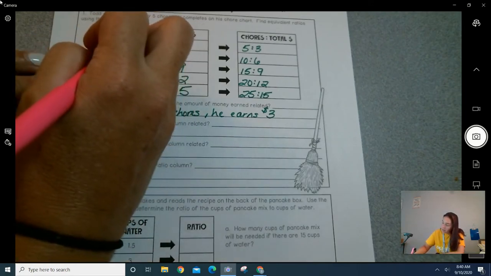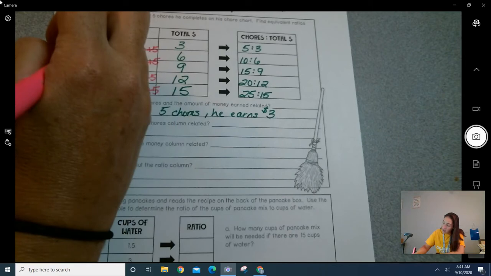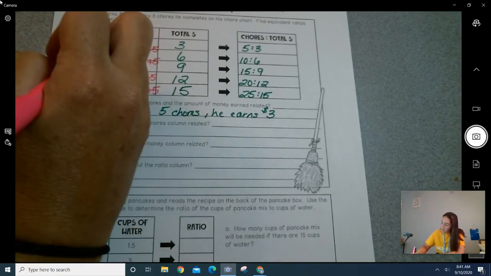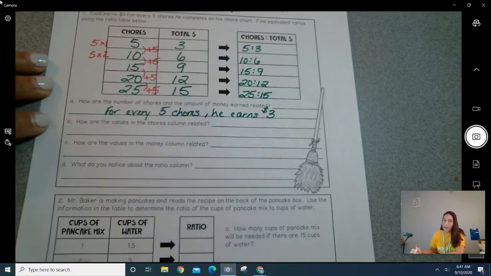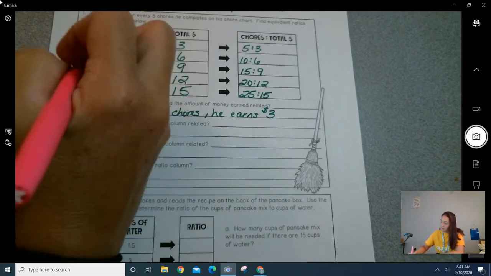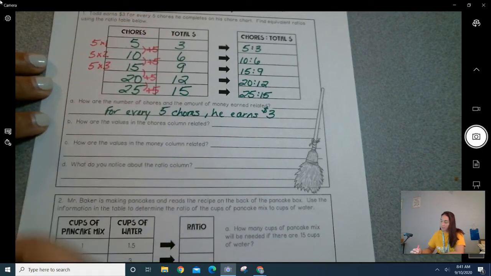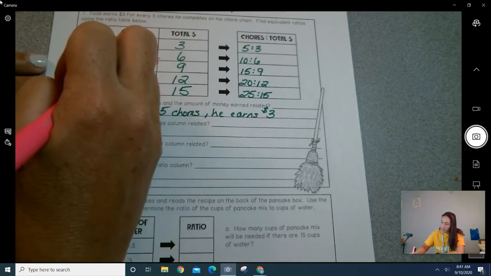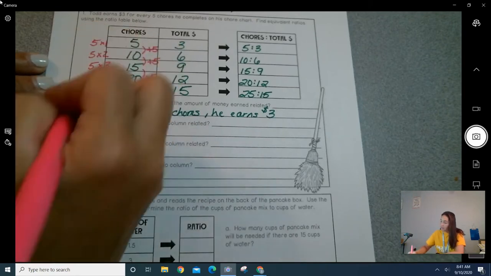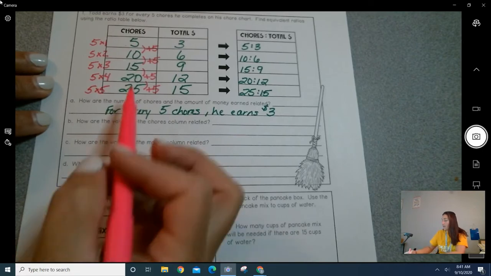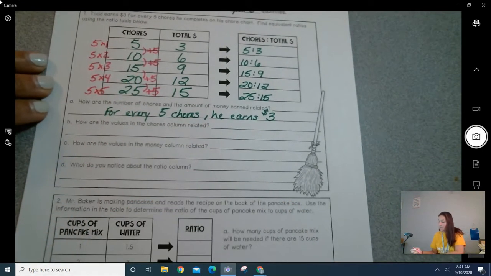Well, if you look at this, you can see that the top is 5 times 1. The second one is 5 times 2. The next one is 5 times 3. We have 5 times 4. We have 5 times 5. And so if I wanted to get the next one, I could take 5 times 6. Okay. So they are related by 5s.